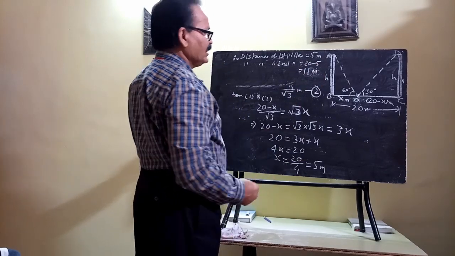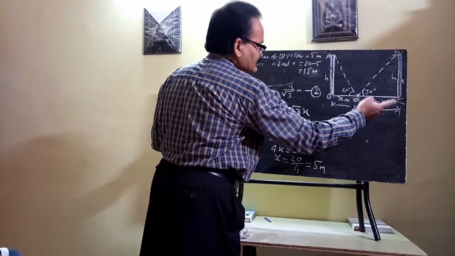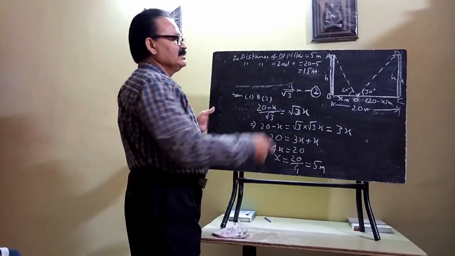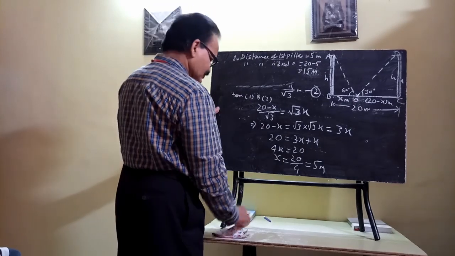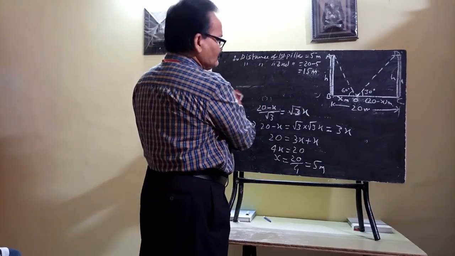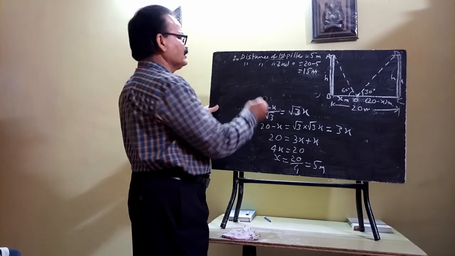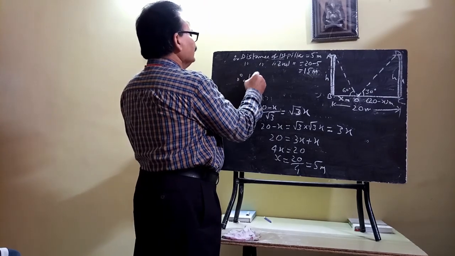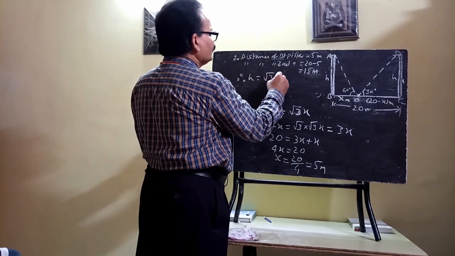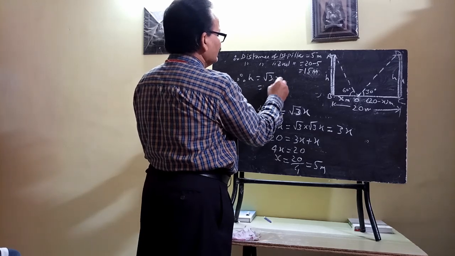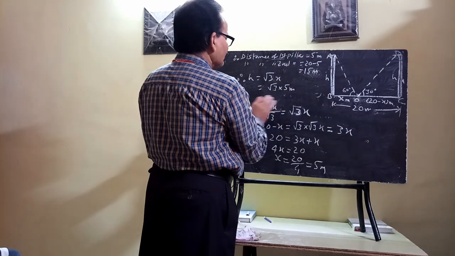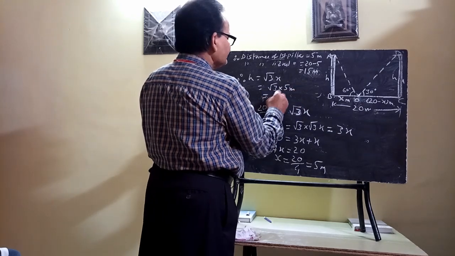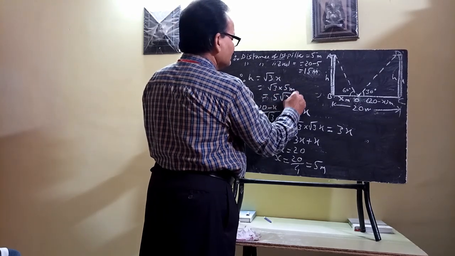Now your distance is already done. Now you have to find out the height. For height there are two equations you have got. Therefore H equal, as you know, H equal root 3x. So root 3 into x is 5 meter. So that means the height is 5 root 3 meter.